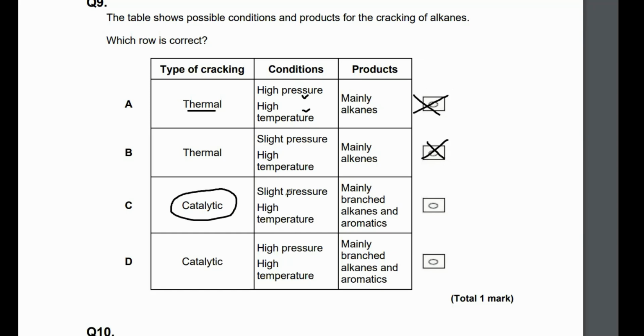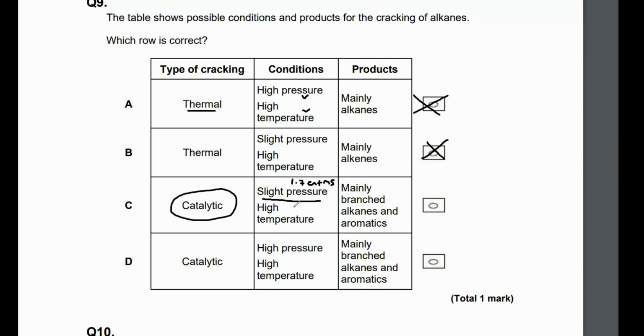Whereas catalytic cracking, you've only got a slight pressure, like 1.72 atmospheres, so about 170,000 pascals, up to 200,000 pascals or 200 kPa. So we're not looking at that high pressure compared to normal.